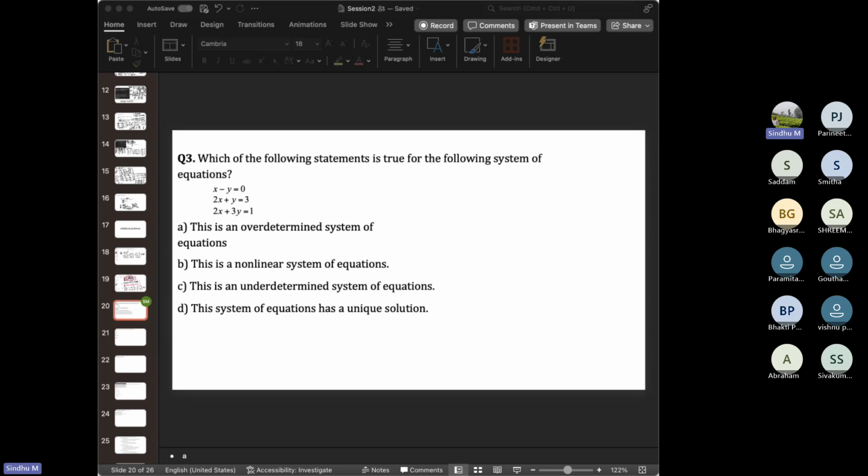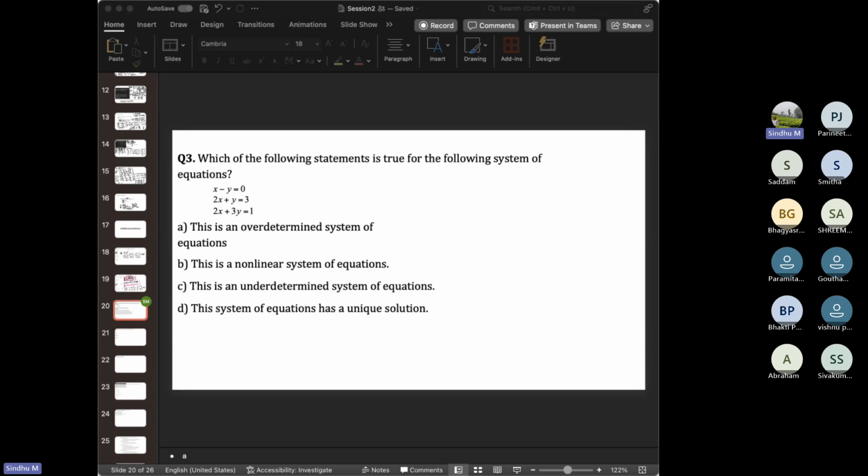Okay, some of you have typed the answer in the chat box. So here we have 1, 2, 3 equations and x and y, so two variables.